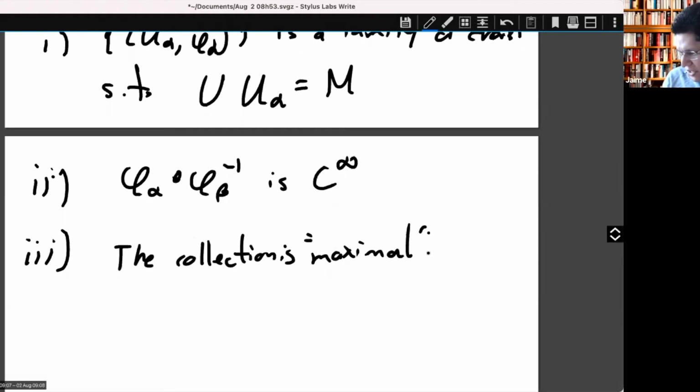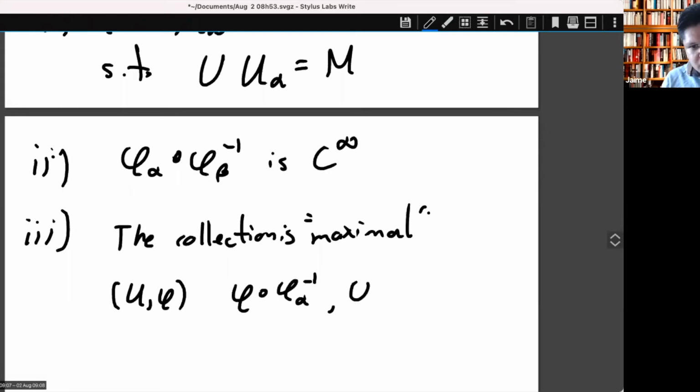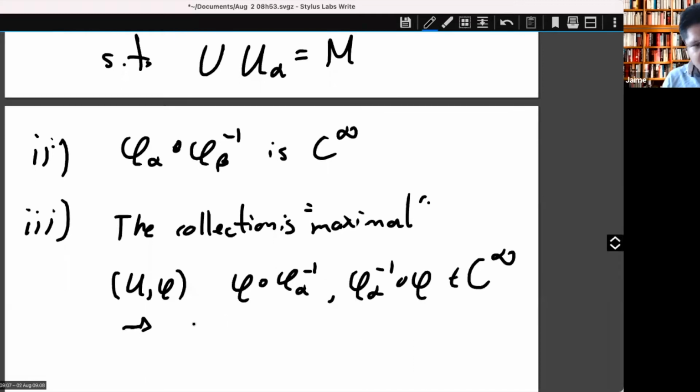It means that whenever you have a chart and you have members of the family such that this composition is C infinity, then the chart itself is in the family.